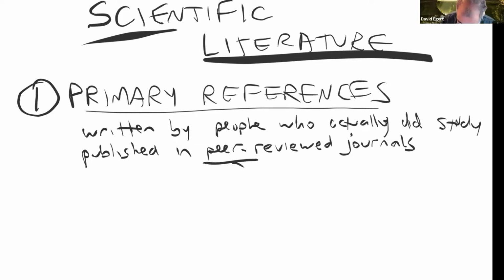Peer-reviewed journals, on the other hand: you submit your study, your results, and the journal then gives it to other scientists in the same field, and they look over what you have written. They assess, does this seem responsibly done? Usually there are two things.